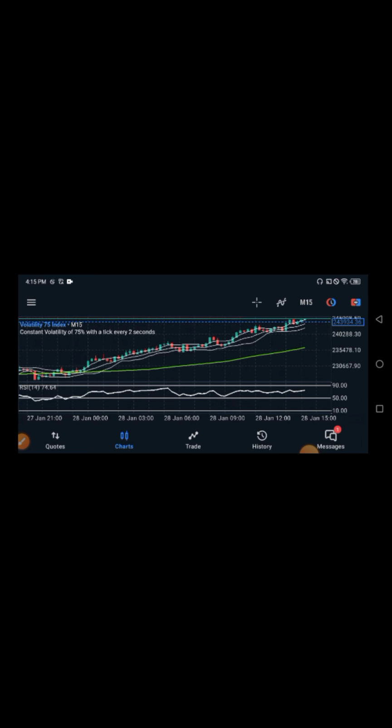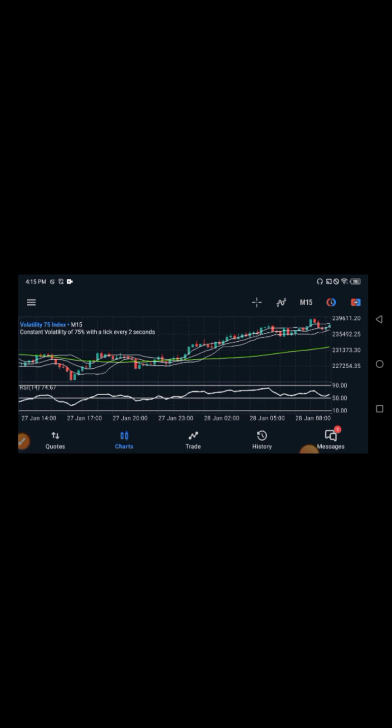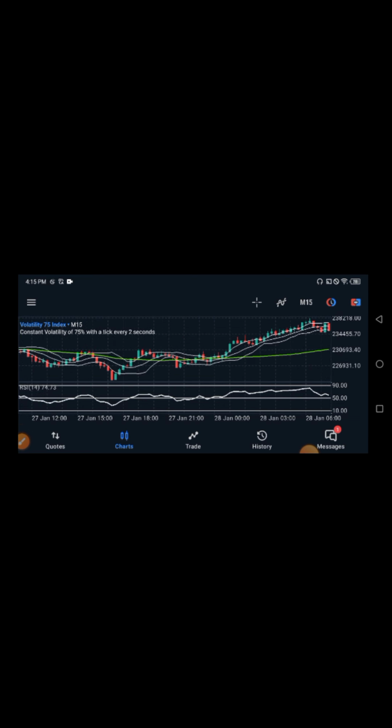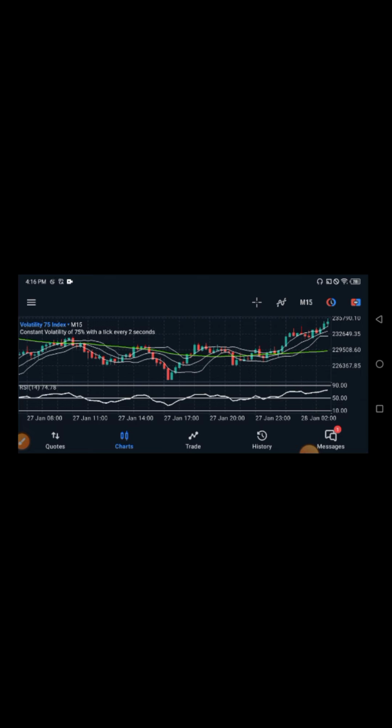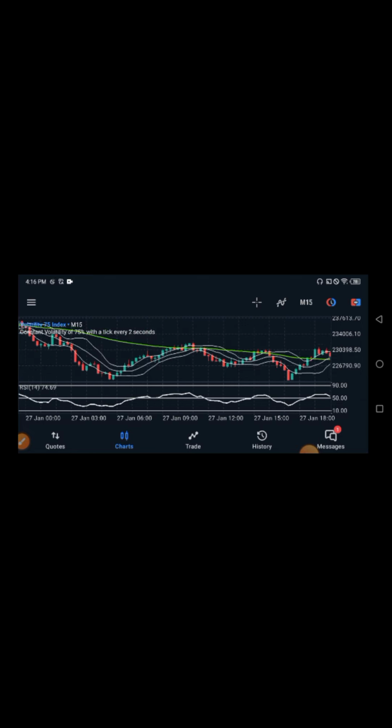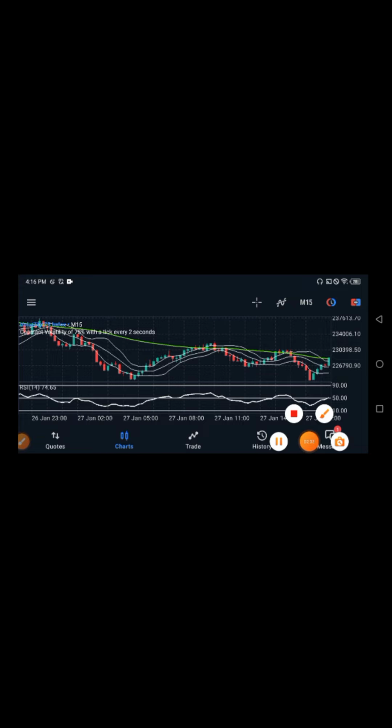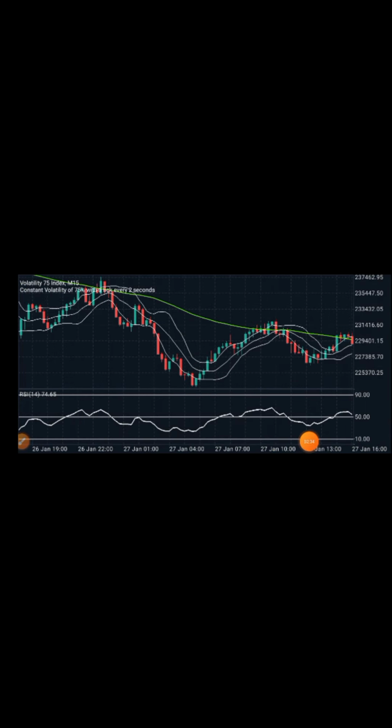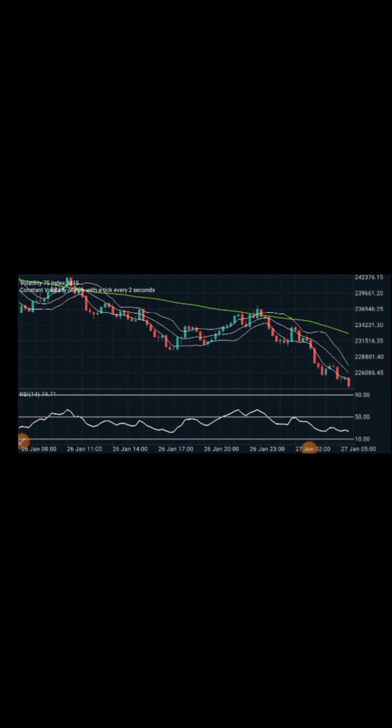So I'll show you our requirements before you enter your trade, if you want to grow your small account. The first thing you have to wait for is your moving average has to be above your Bollinger Band and candlestick if you want to sell.